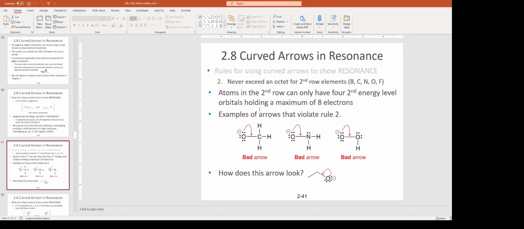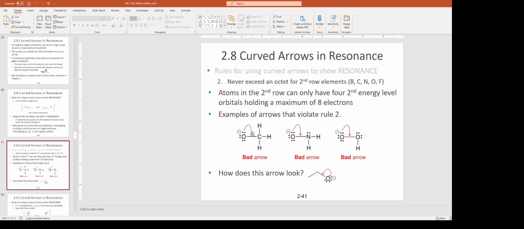Okay, so these are all very bad. They would make me very sad to see them. This in particular is bad because what is it showing? These lone pairs are becoming what? It's going towards a bond. So what will be the result? They're going from a lone pair to a what? A triple bond?